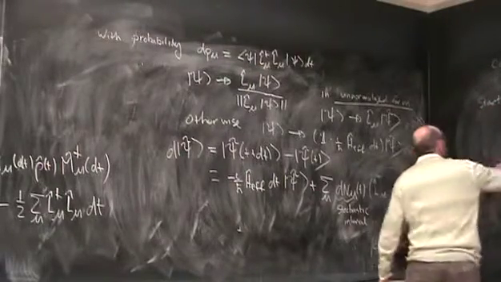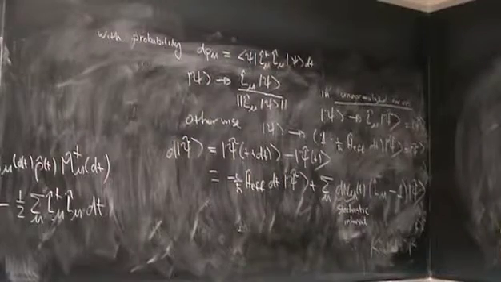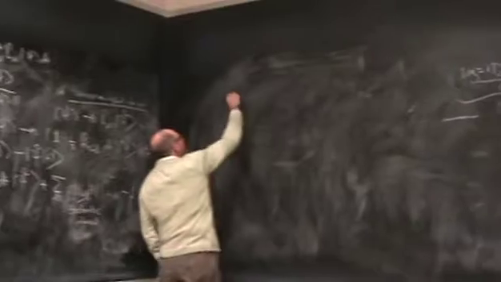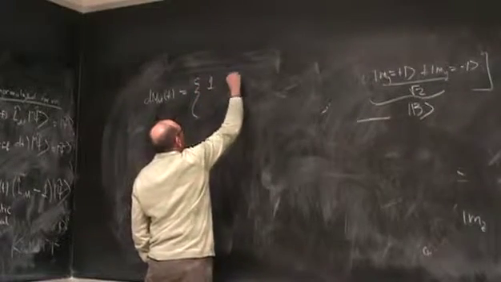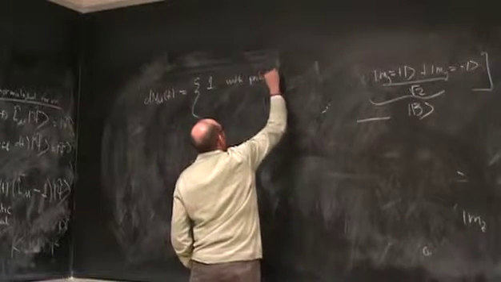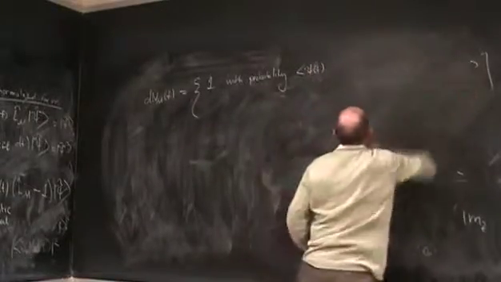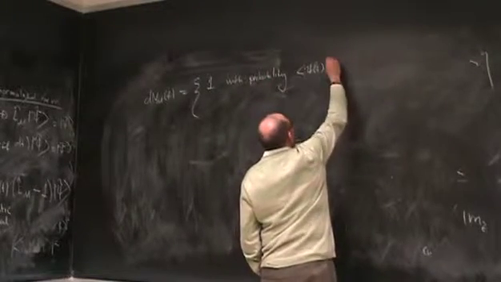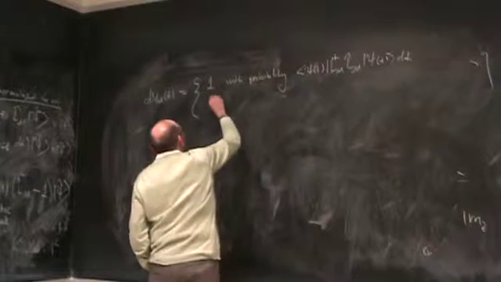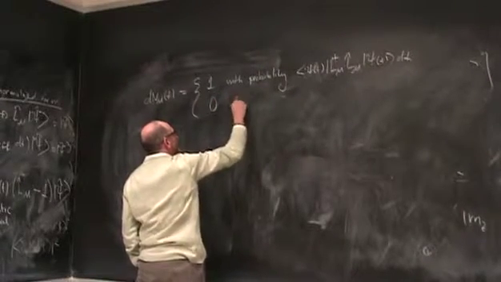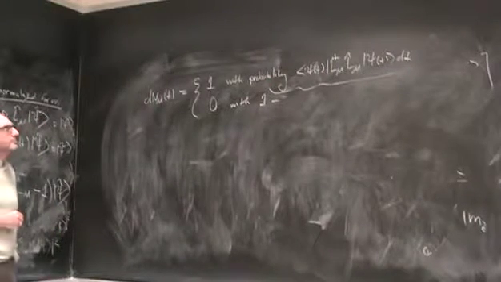And this differential, dn, has the following properties as written so far. dn mu of t is equal to 1 with probability psi dagger L mu dagger L mu psi dt, and 0 otherwise. And it's differential because the probability is differential because of dt.